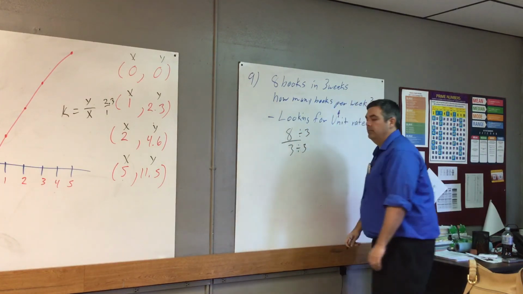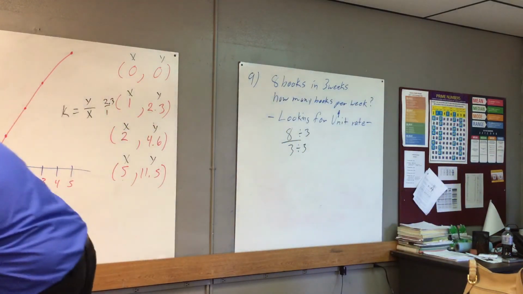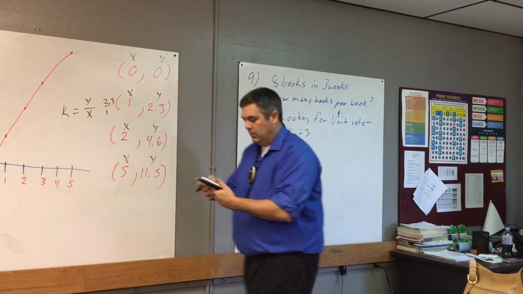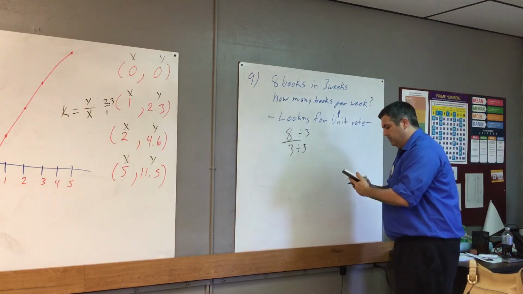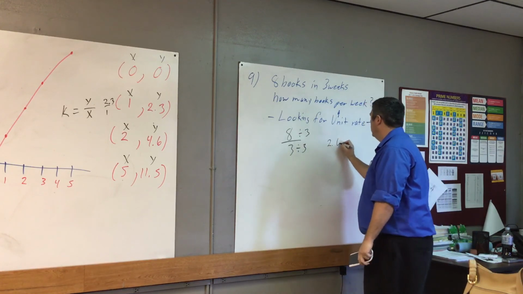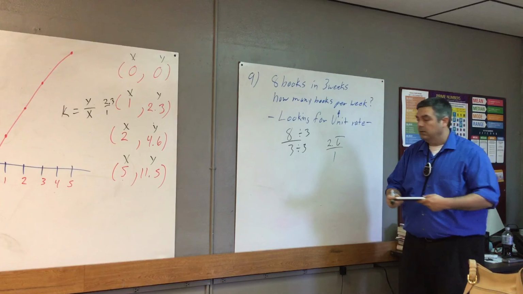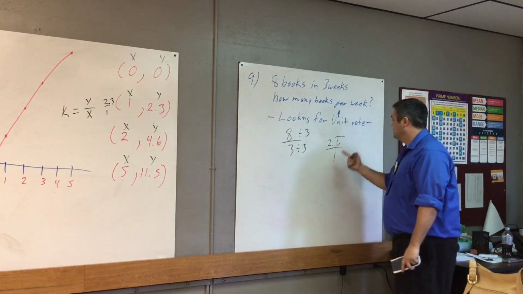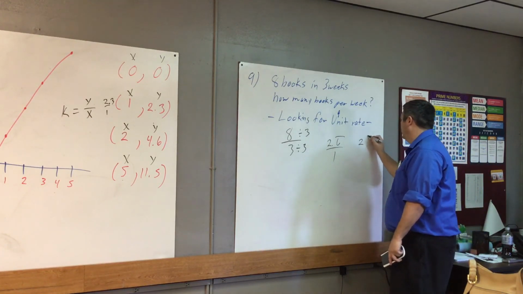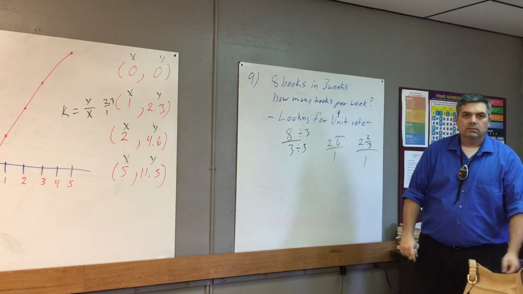Divide by 3. I don't remember how much that is, so I'm going to grab a calculator. 8 divided by 3. That's 2.6 repeating over 1. And they might actually ask you to do that as a fraction, so 2 2/3 over 1. That's all that is.